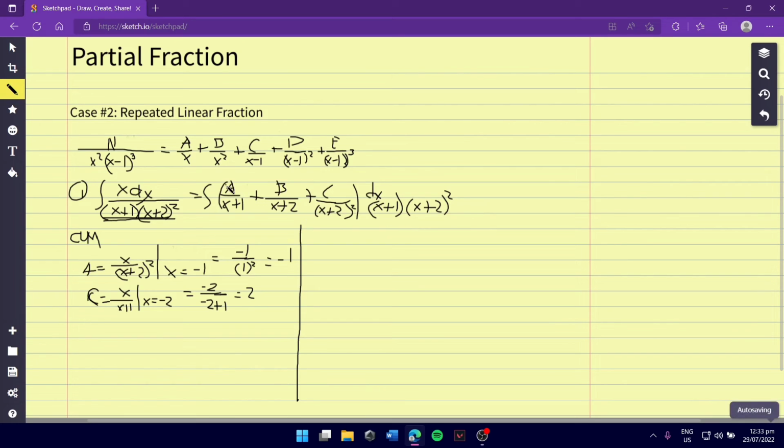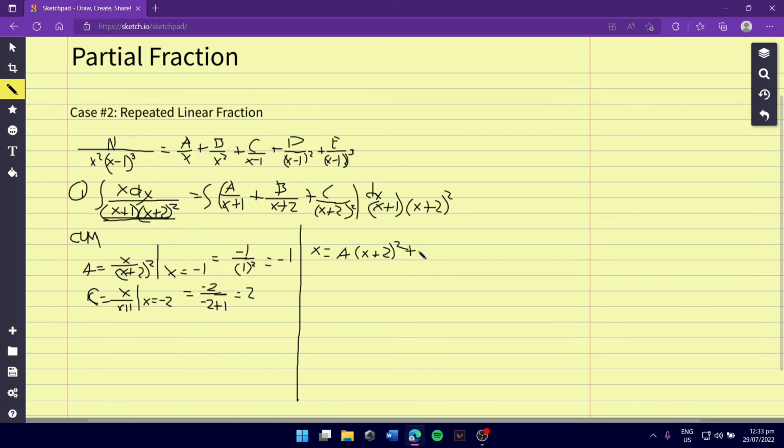Now we will distribute this x plus 1. So this will cancel out, so your A here becomes 1. So let us put it like this: x plus 2 quantity squared will be left.